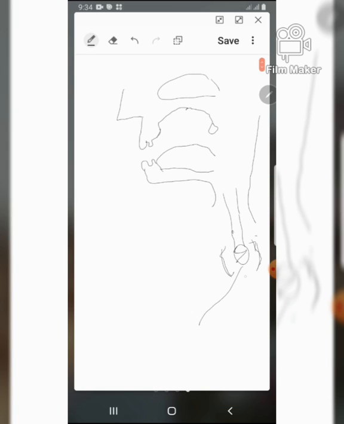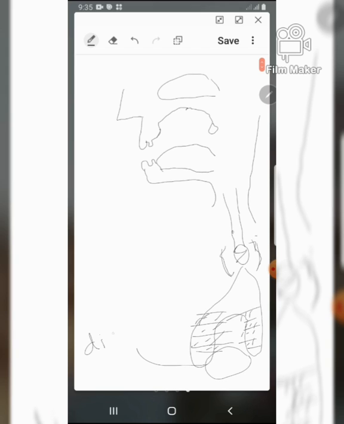Sorry, I don't have it all drawn. This is the lungs, and here are the ribs and the muscles between the ribs. And I have a diaphragm in here. You should know about these terms.